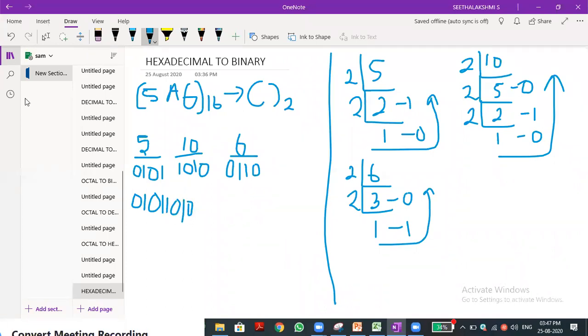So what is the number for 6? 0 1 1 0. If you want to write together, we can omit this leading 0 alone, because initially a 0 has no use. So this is the binary number for the given hexadecimal number. So the hexadecimal number 5A6, once you convert it to binary, this is the answer.